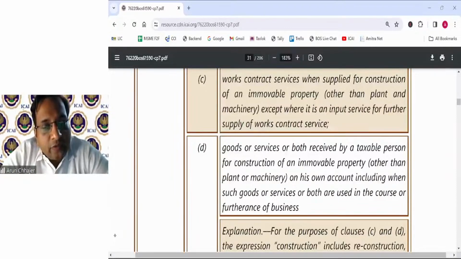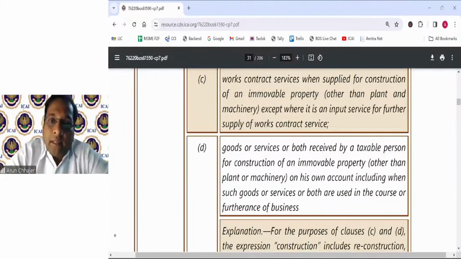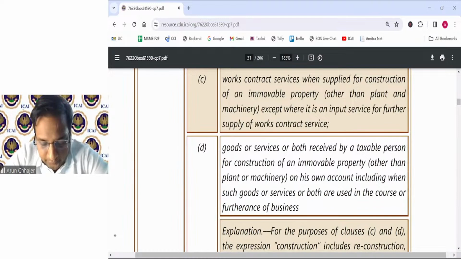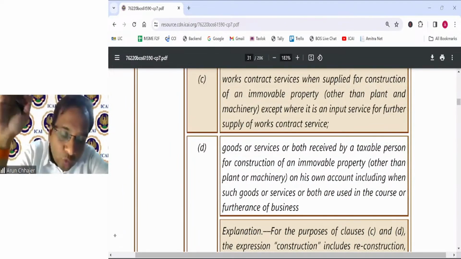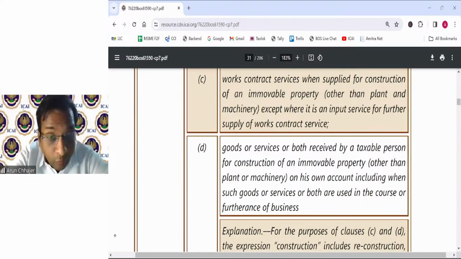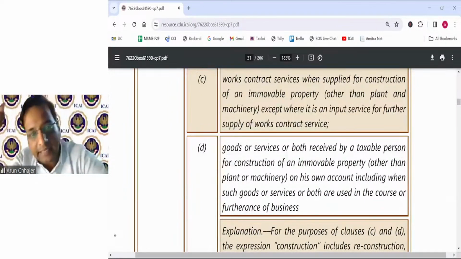Work contract service when supplied for construction of an immovable property, except where it is an input service for further supply of the work contract. If I am a work contractor, no problem. Whatever expenditure I incur to provide my outward supply of work contract service, I can take the ITC.